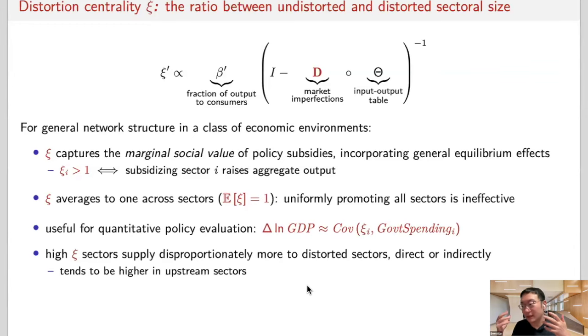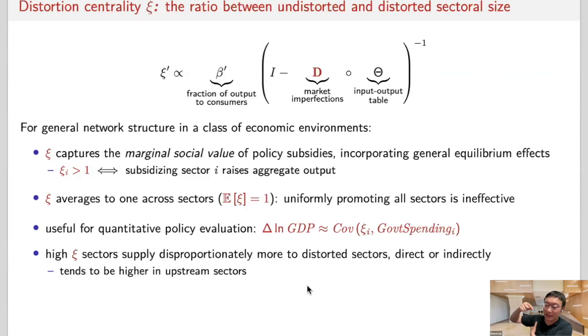So a central sector in a network is a well-connected sector. A distortion central sector is a sector that supplies to many distorted sectors, directly or indirectly. So I have high distorted centrality if I supply a lot to you, and you have high distorted centrality and you face distortion when you want to buy from me.